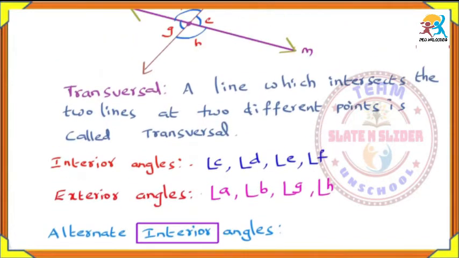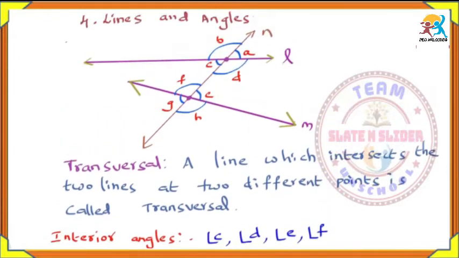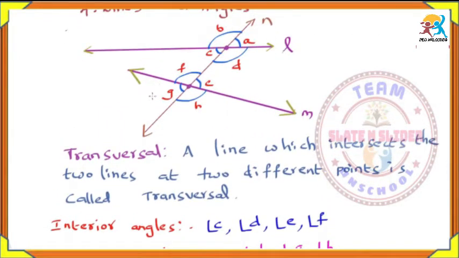Alternate means the angles should be on either side of the transversal. Here the line N is the transversal, and the angles formed on the left side of the transversal are angle B, angle C, angle F and angle G. And on the right side, the angles formed are angle A, angle D, angle E and angle H.